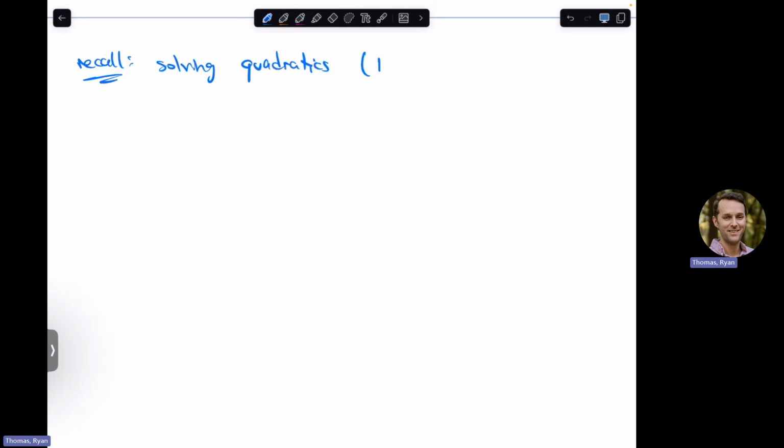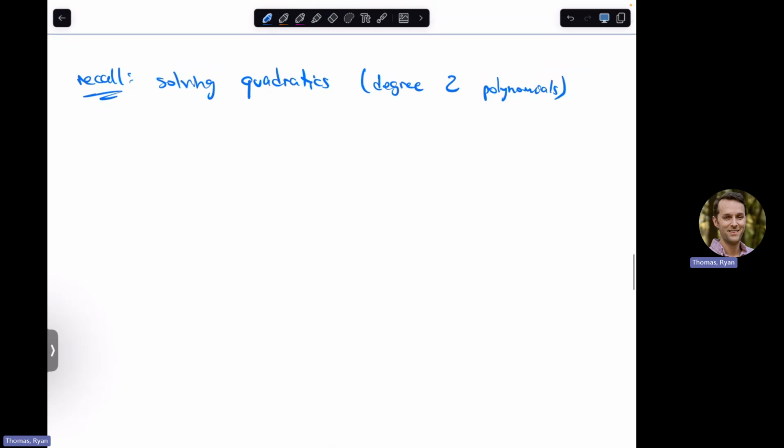Solving quadratics, which are the family of degree 2 polynomials. To solve quadratics, we had a few options. We could factor and apply the zero product property.